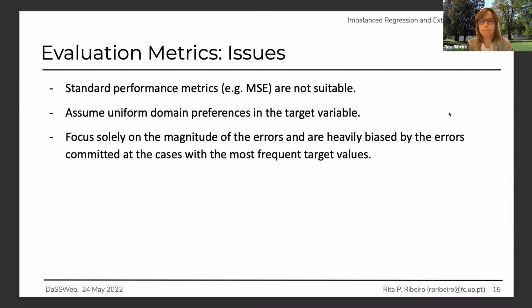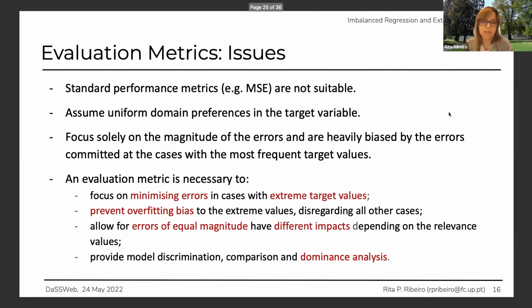So if it's stated that standard metrics, such as the mean squared error, are not suitable, how can we build an evaluation metric that would answer the following things? We want a metric that focuses on minimizing errors on a specific range of cases, which in this case are extreme target values. We also want that measure to not have a severe bias regarding those extreme values.